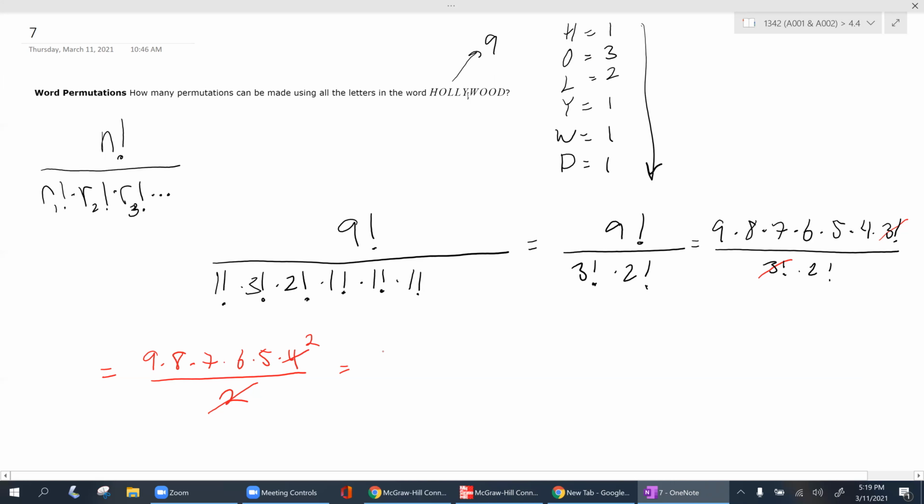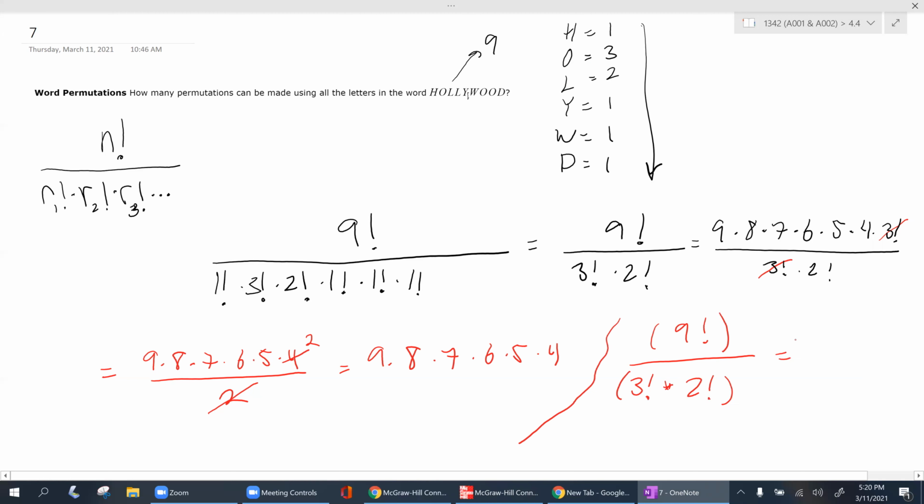Then in your calculator, you would plug in whatever works best for you. Let's see what this gets me. Another way you could have done this is in your calculator, 9 factorial over 3 factorial times 2 factorial.